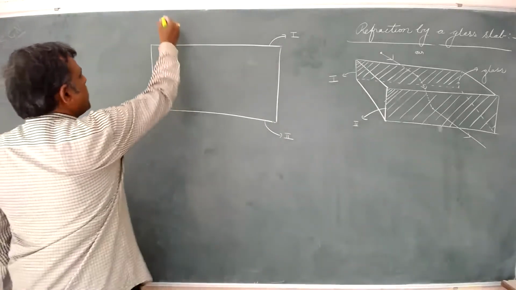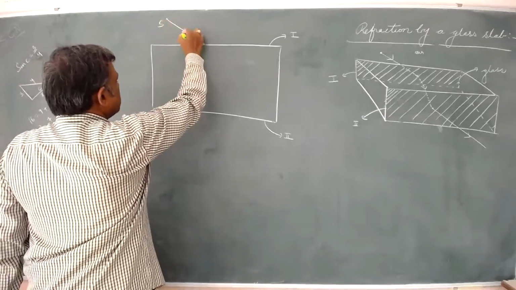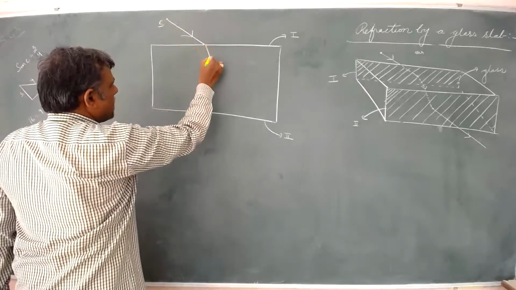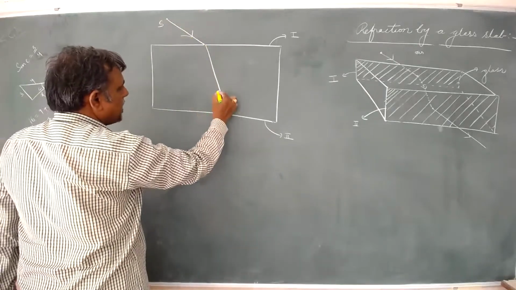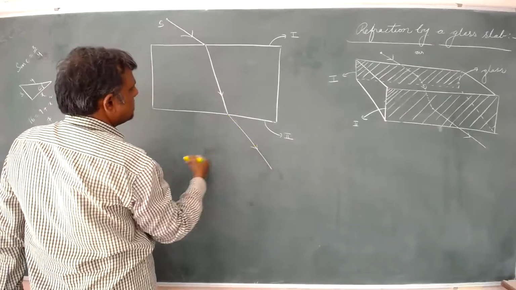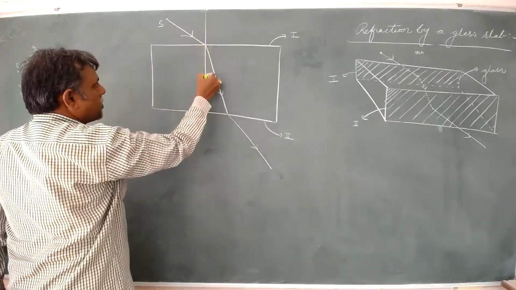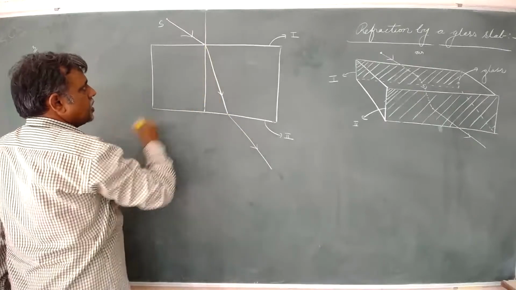Now in this particular case, what happens over here? This is the source of light. Through the glass region, the light ray passes like this and undergoes refraction over here. If you draw a perpendicular, it is called the normal.